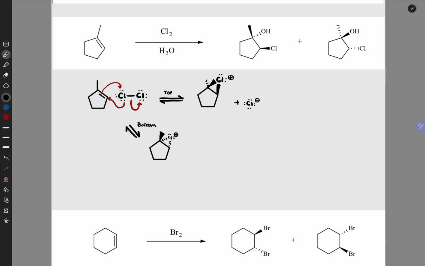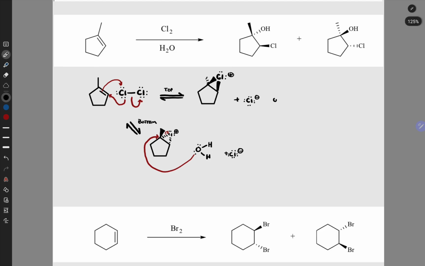All right. Now we're going to take the H2O part of this and throw it on. And this guy's going to come in and attack from the back here, pushing the chlorine or the electrons onto the chlorine.